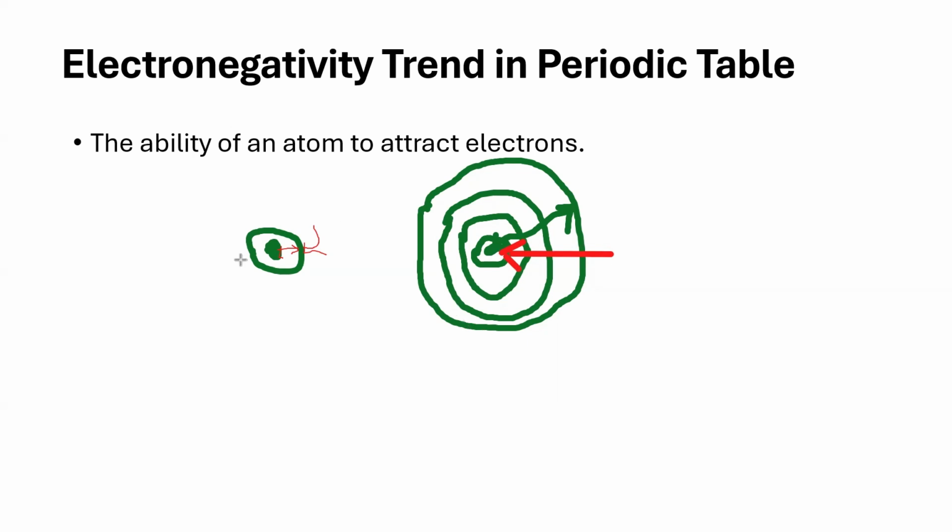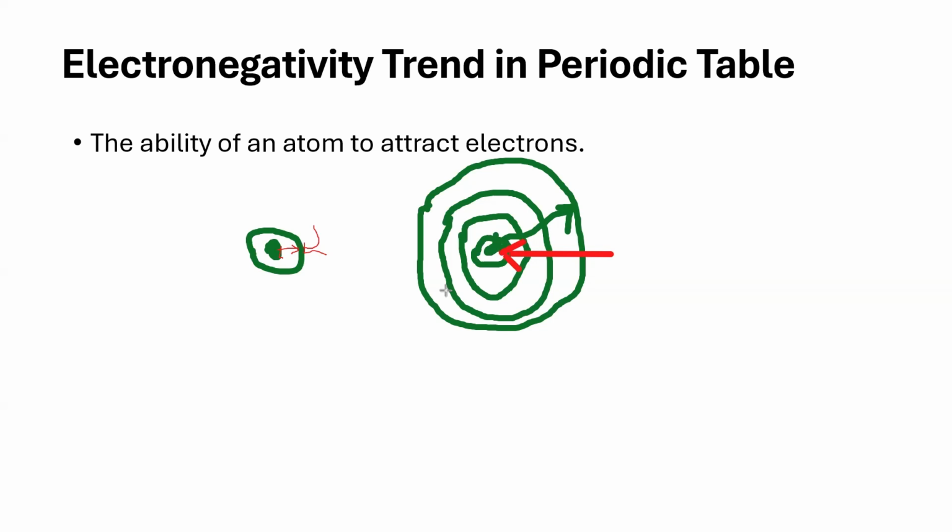The electronegativity is higher in the smaller atoms than in the larger atoms, and the reason is because the attraction between the nucleus and the electrons in the outermost shell is more in the smaller atom and less in the larger atoms.